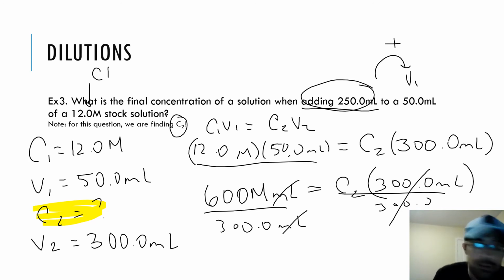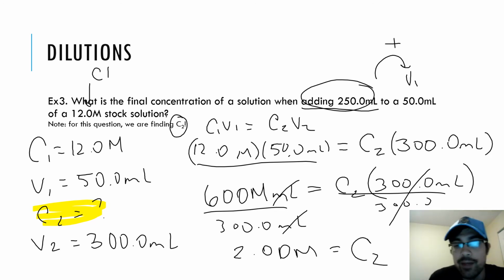Units are then going to cancel, and this one actually works out nice. It doesn't always do that when I make up questions. And we get a 2 molar solution, C2.